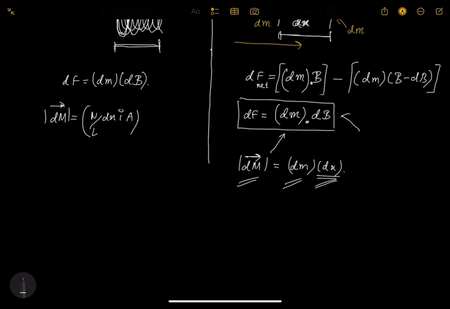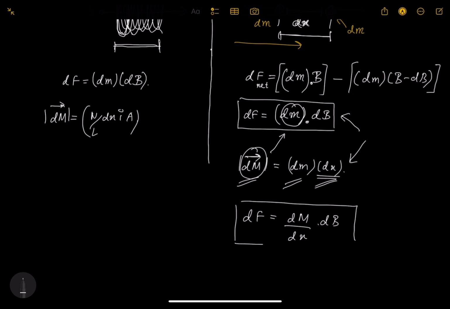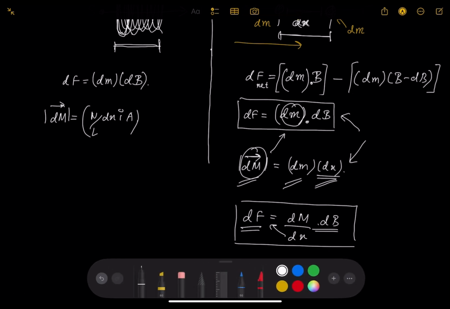We'll use this equation and that equation to basically write dm in terms of the magnetic moment vector. So dF is dm over dx times dB, right? So two differentials on the left-hand side of the equation and two differentials on the right-hand side of the equation. This will just multiply there, right?